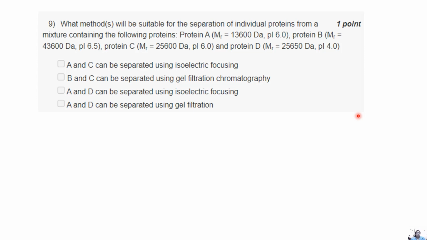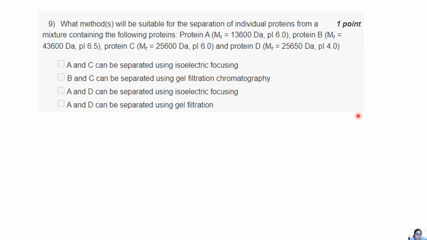Protein A with molecular weight 13600 Dalton and isoelectric point 6, protein B with molecular weight 43600 Dalton and isoelectric point 6.5, protein C, molecular weight 25,600 Dalton, isoelectric point 6, and protein D with molecular weight 25,650 Dalton with isoelectric point 4. Which one do you think is the correct answer among these four options?